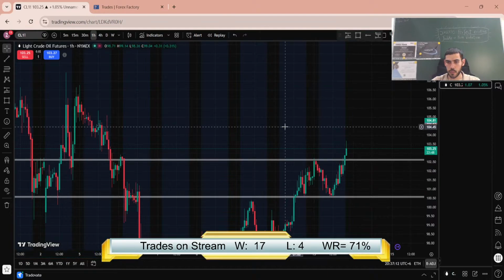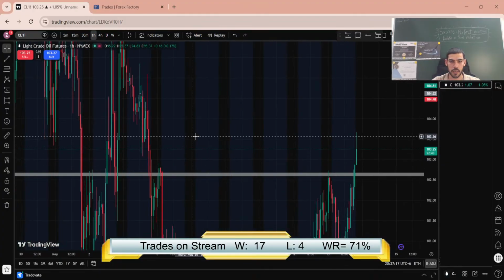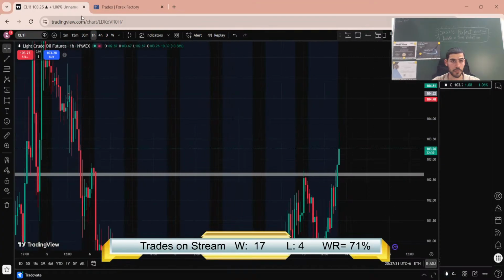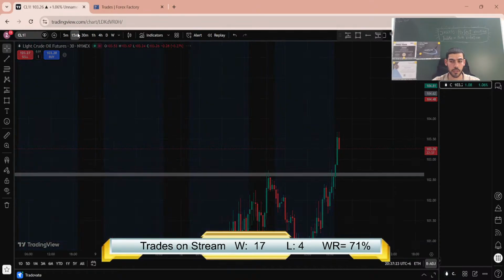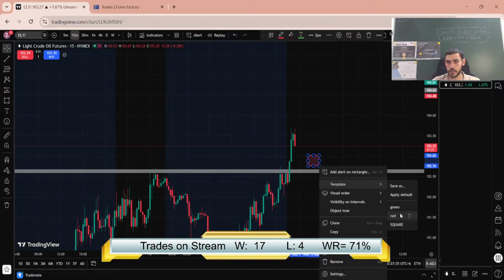So we are going to be waiting in case support was formed here, and probably I will look for some setup because it looks like a very clean range. We just need some support, like a retest till this area right here, and then a green candle that looks like this. Then probably I will look for some setup.